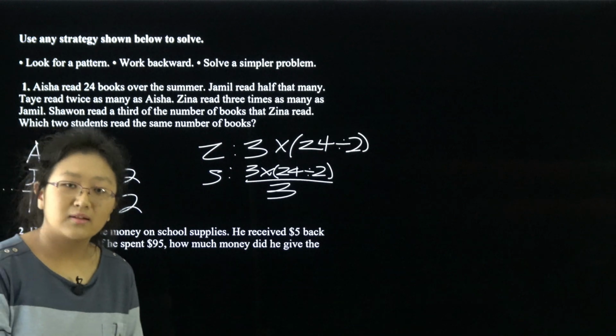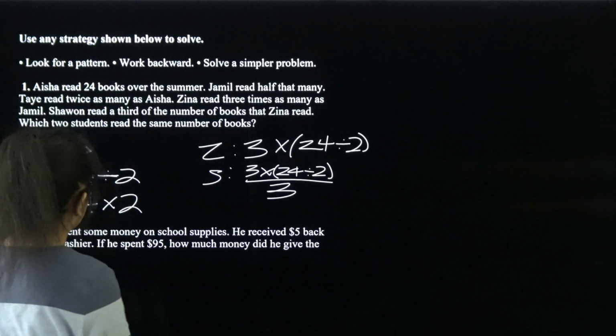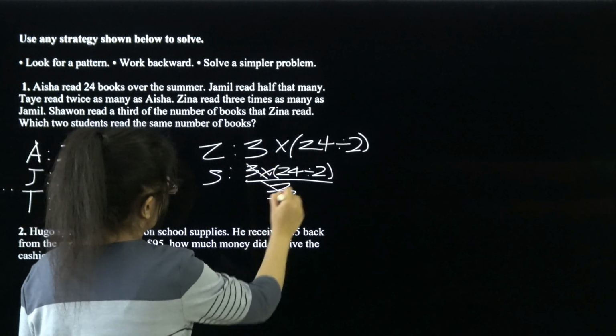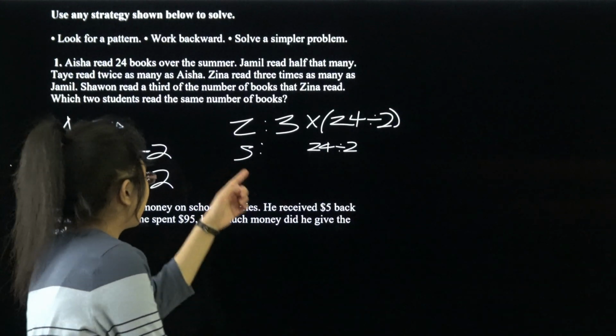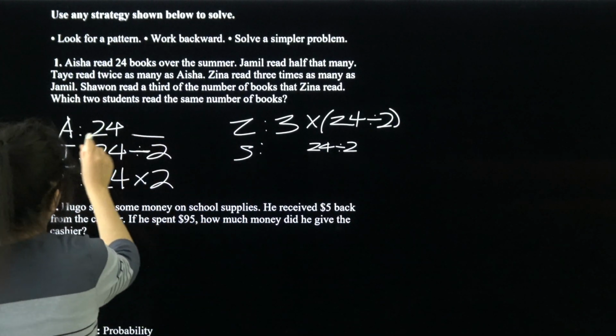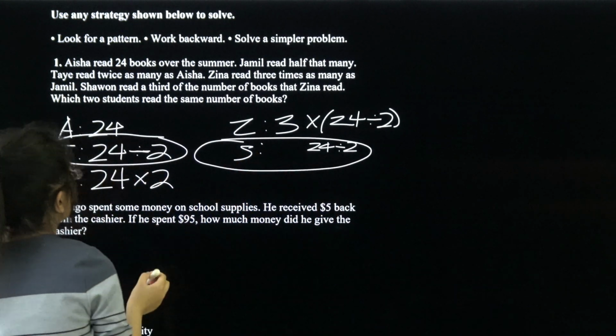Which 2 students read the same number of books? So let's simplify some of these, especially this one. So this one would be like this. And let's rewrite that now. Now that we've simplified this, we realize that Jamil and Shawun read the same number of books.